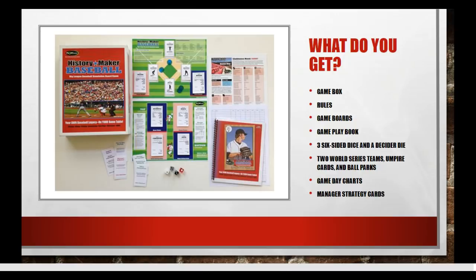And then the other thing is the two teams. You're going to have the two World Series teams. For the most part, I think they're still shipping it right now with the 1975 World Series, which is the Cincinnati Reds and the Boston Red Sox. However, I seem to remember that they had maybe started shipping it with also the current World Series teams.